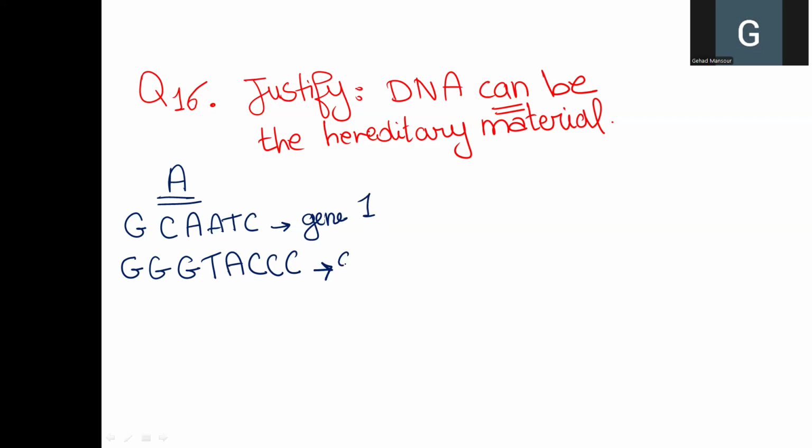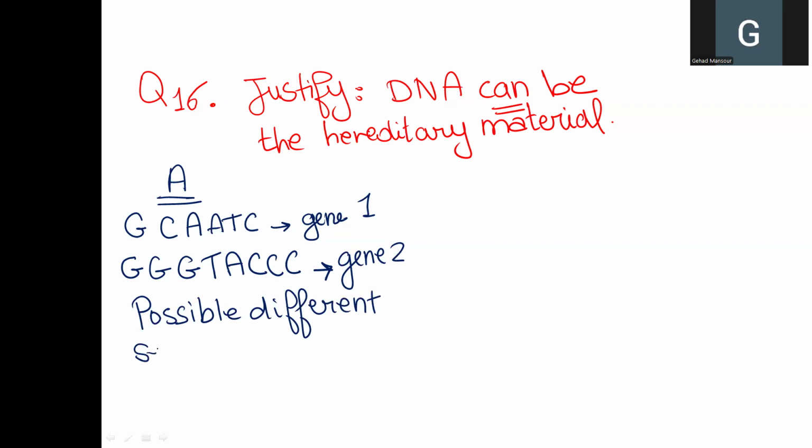So this is gene 1 and this is gene 2. Since you can have different sequences of nucleotides in different arrangements, with different numbers and types of nitrogenous bases, we will be using the term sequences frequently.